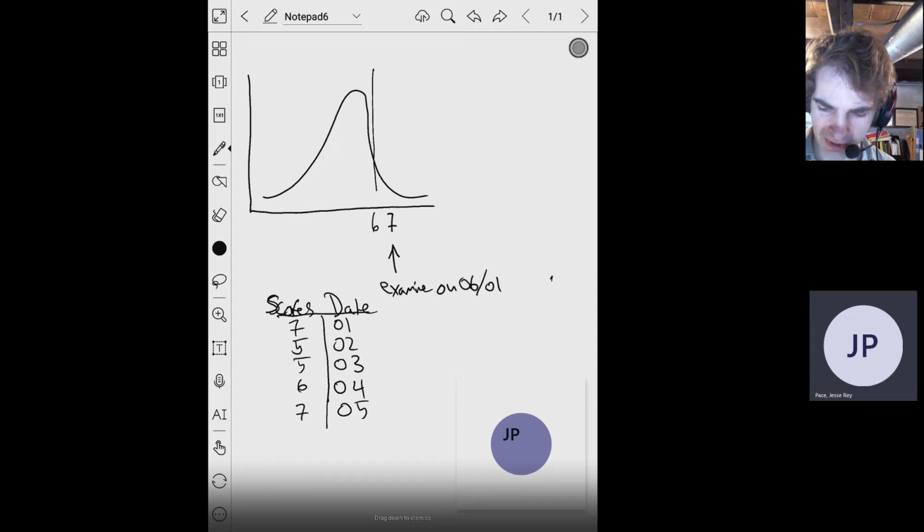Let's do one more. Let's say that we give them one more exam and they get a 5. So this person's average score is below a 6. We can calculate it if we want to, right? So their average score is 5.83.